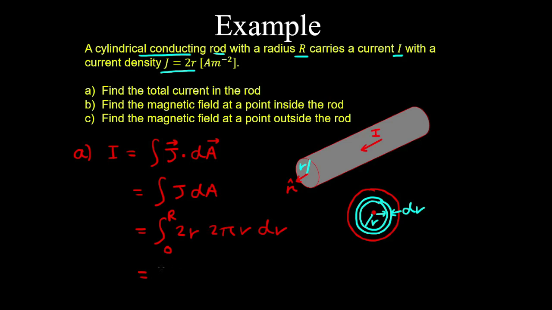So if we take 4 pi being the constants outside the integral, we get the integral of r squared with respect to r, so that will be r cubed on 3, evaluated from 0 to r, and therefore the total current in the rod is 4 pi r cubed on 3.